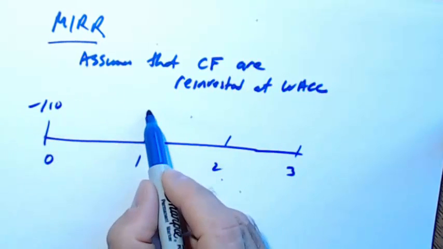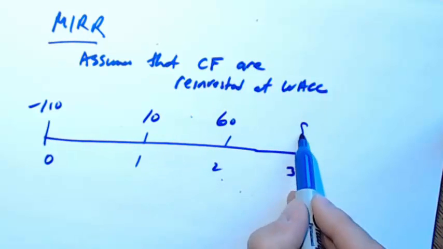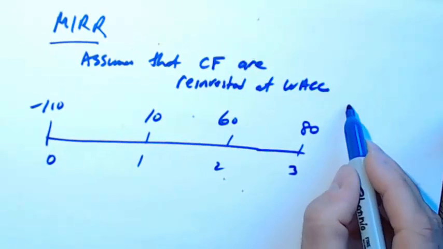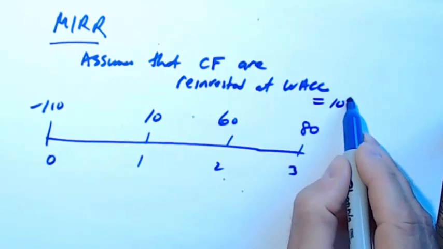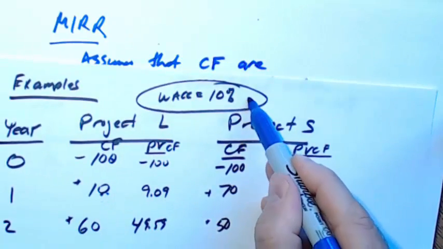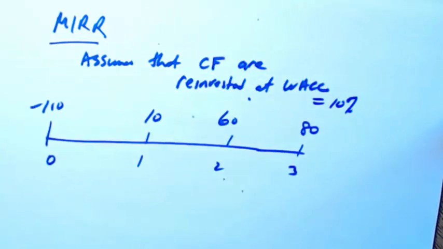Minus 100, 10, 60, 80. Now, let's apply modified internal rate of return to this. The weighted average cost of capital in the problem was 10%. Remember way back? I said, look, the very beginning, here it is, 10% weighted average cost of capital.